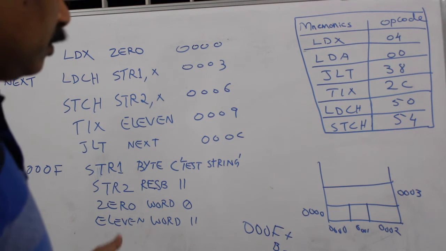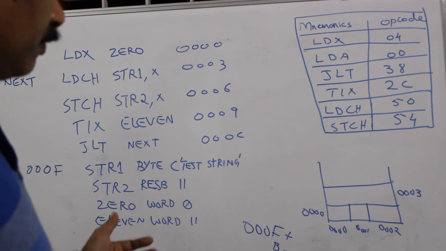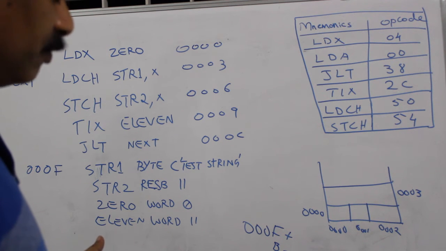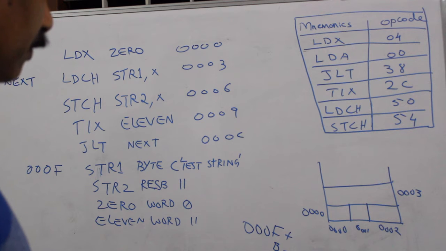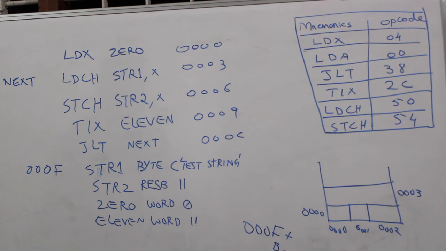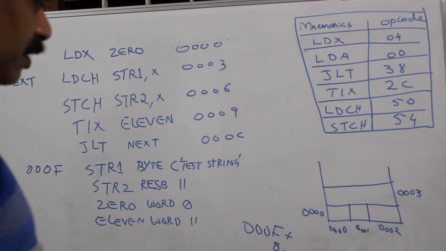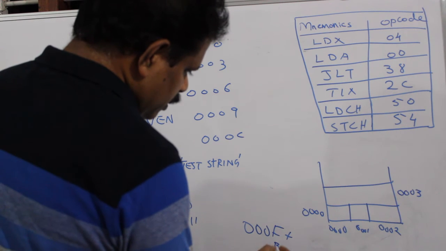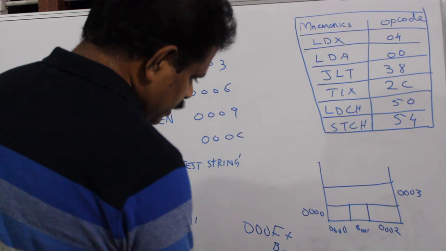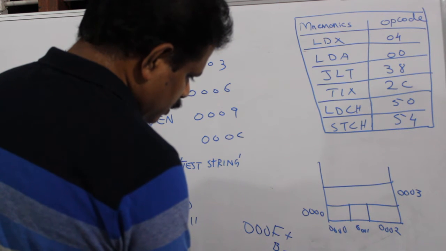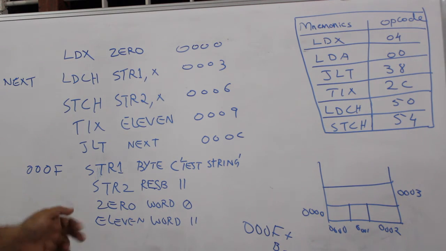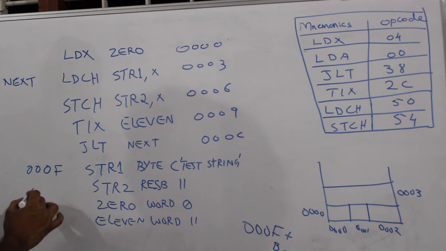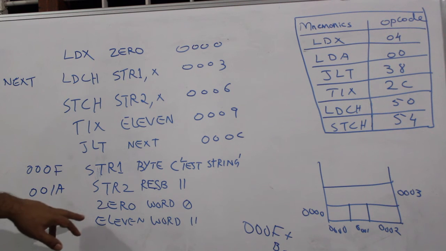F, then 10, 11, 12, 13, 14, 15, 16, 17, 18, 19, 1A. If you add F to B, you will get 1A. So the address of the next variable will be 001A.